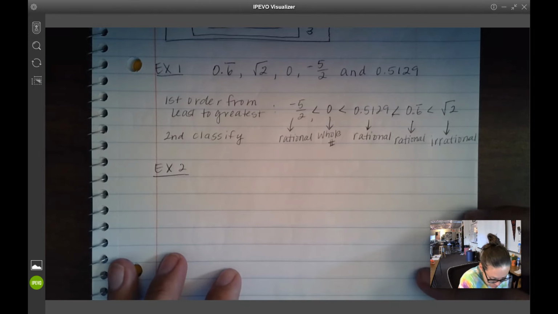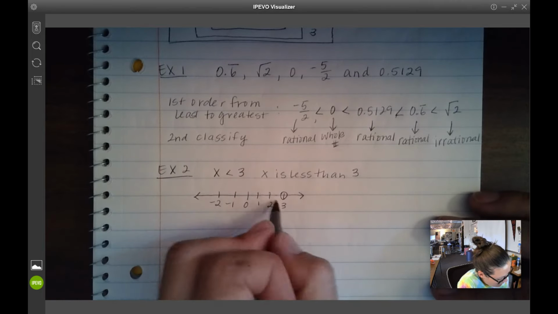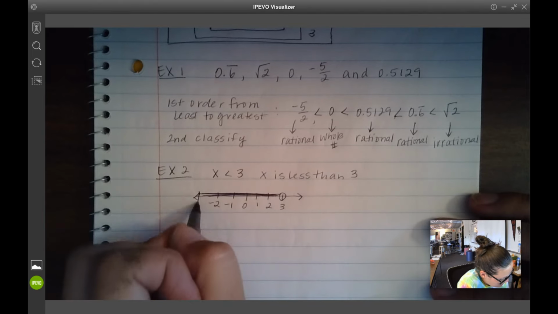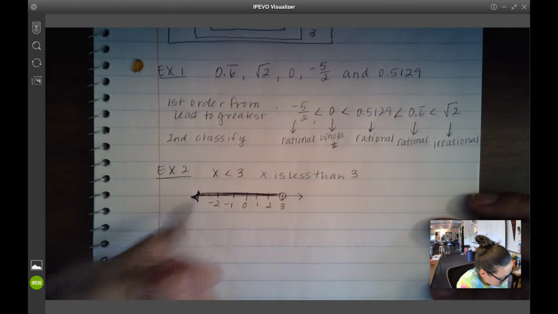If I were to graph this on a number line, this is something you would have done last year in Algebra 1, we will put an open circle and we would shade to the left because x is less than 3, but it does not include 3.